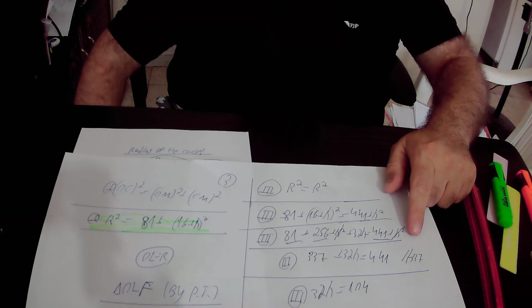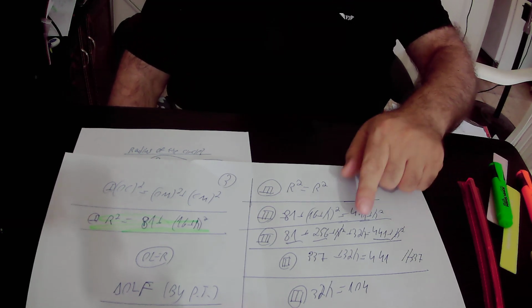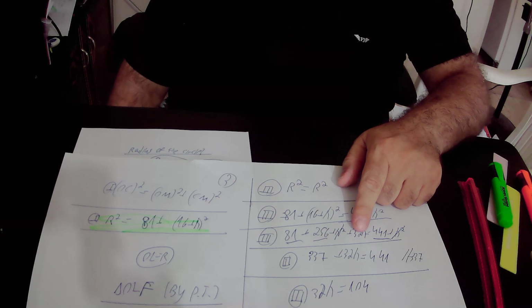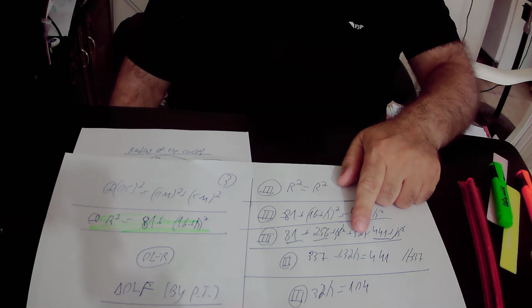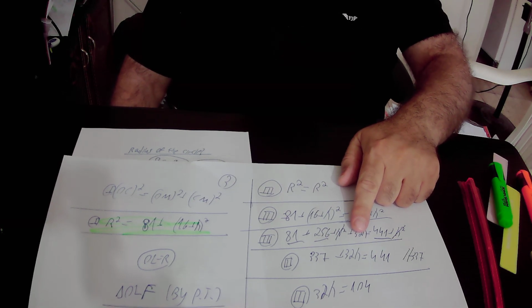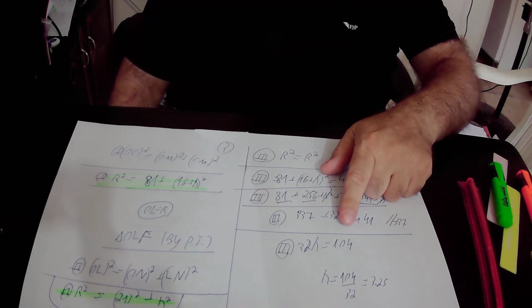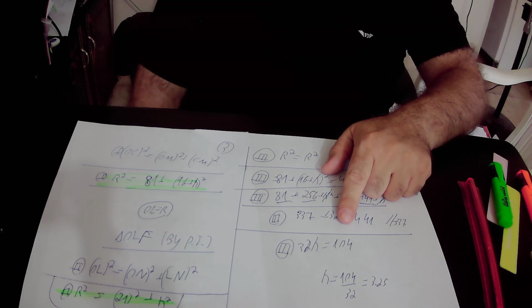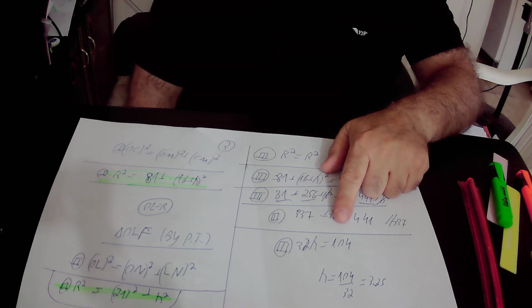We subtracted 337 from equation number 3 and found that 32H equals 441 minus 337, which is 104. So in conclusion, according to equation number 3, we found that 32H equals 104.